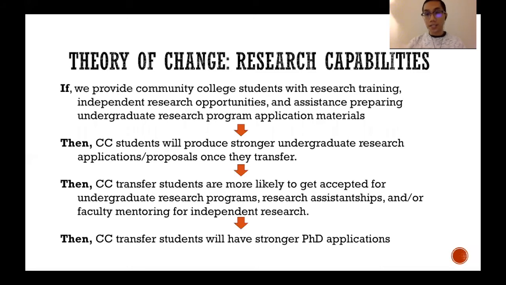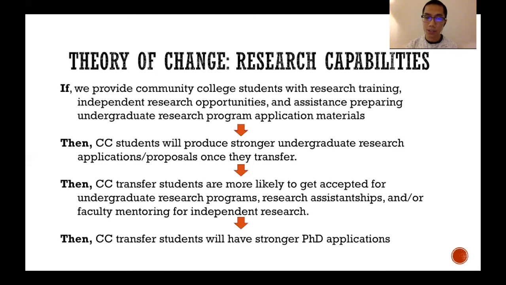So the theory of change, as illustrated through if-then statements for the research capabilities, and I apologize, I'm just going to read it verbatim. If we provide community college students with research training, independent research opportunities, and assistance preparing undergraduate research program application materials, then community college students will produce stronger undergraduate research program applications/proposals once they transfer.